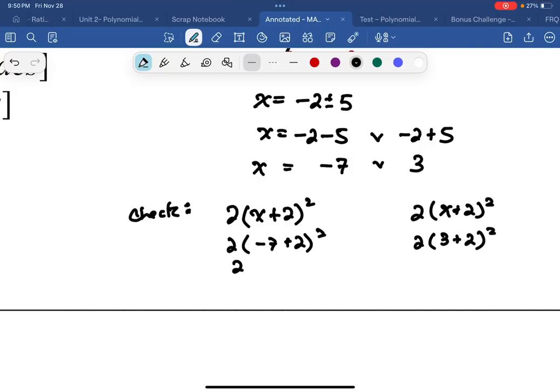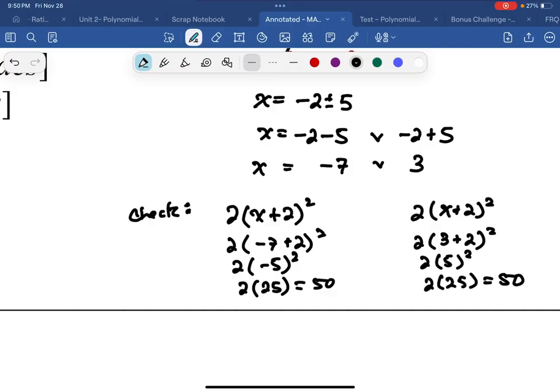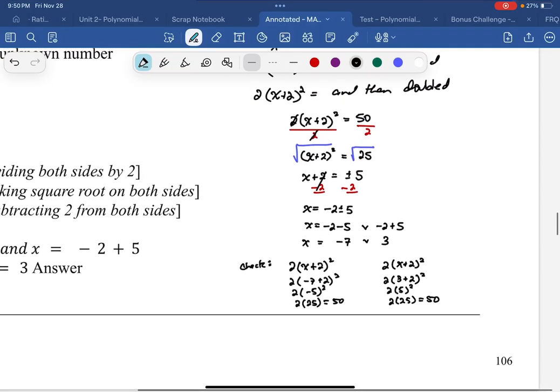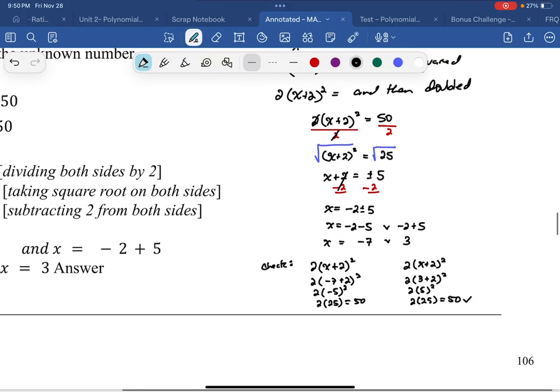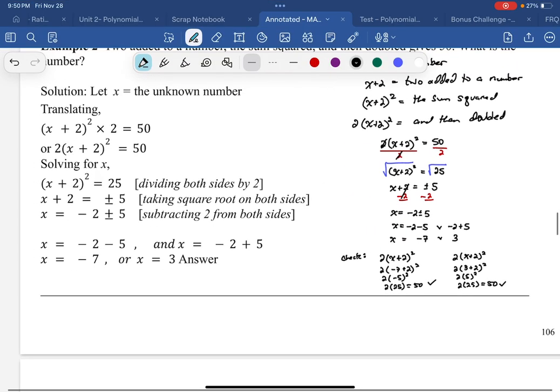All right, negative 7 plus 2 is negative 5. Negative 5 squared is 25. 2 times 25 gives a result of 50. And then 2 times 5 squared, again 2 times 25, result also 50, which is what we wanted. So we're satisfied that our two solutions are correct.